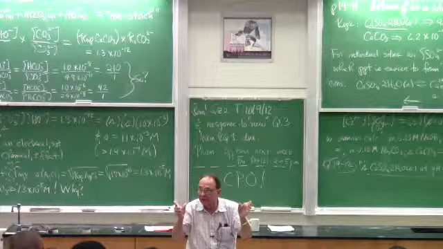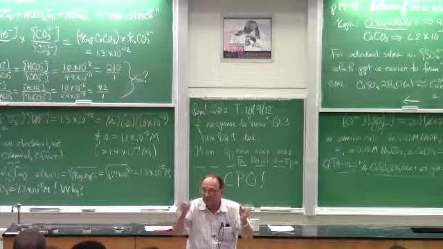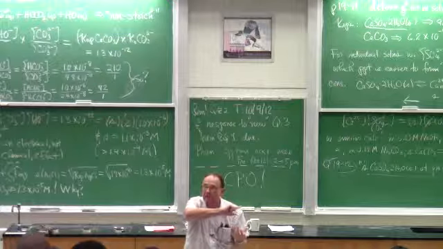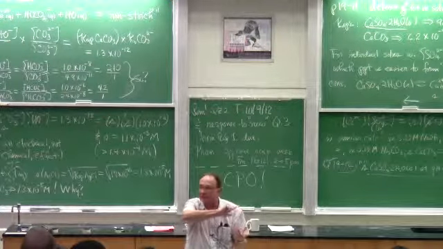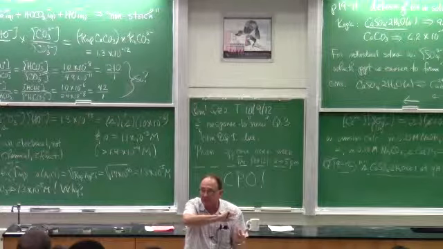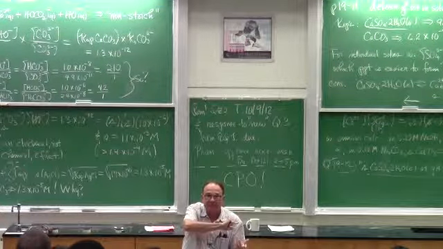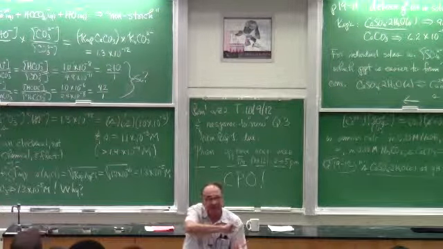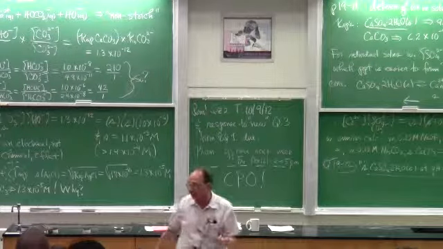Which solution are you going to use to add to the solution that you're wishing to test for the presence or absence of calcium ion? Which solution are you going to use? That's what we're going to analyze in detail at the start of next gathering.